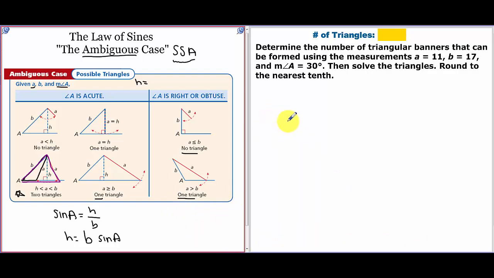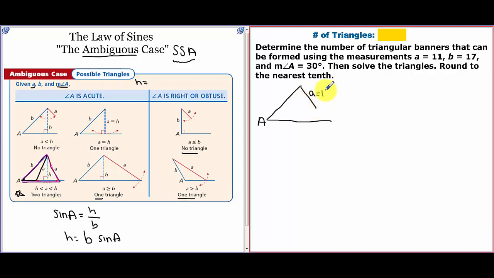Okay, so determine the number of triangles that can be formed by using the measures of a equals 11, b equals 17, and A equals 30. So what I do is I always draw out, no matter where I'm at, I draw out my triangle with angle A down here, this side being 11, and this side B being 17.